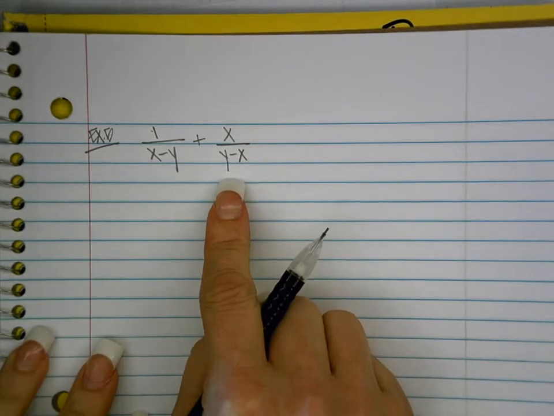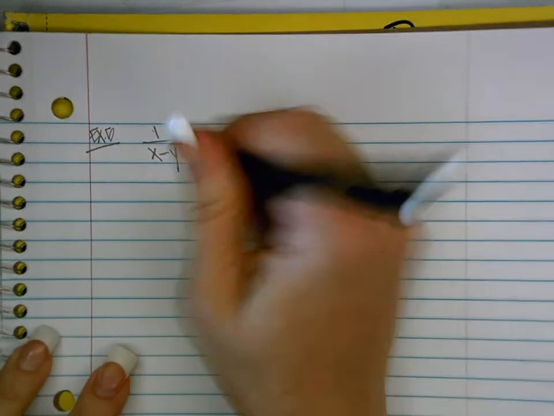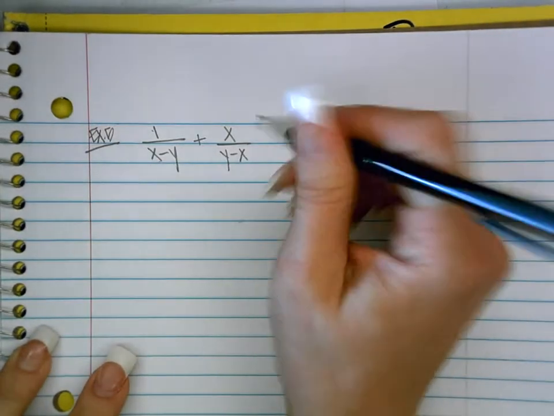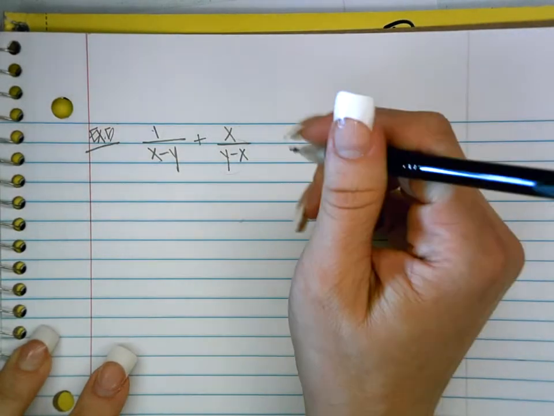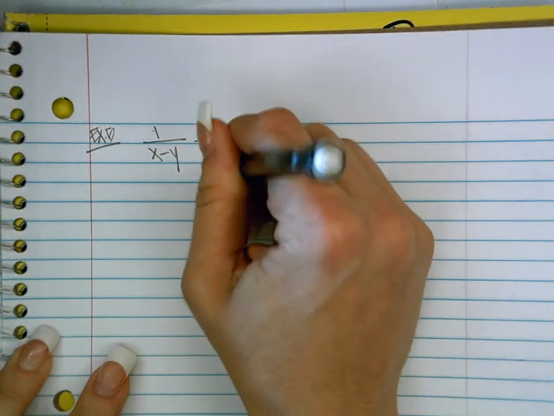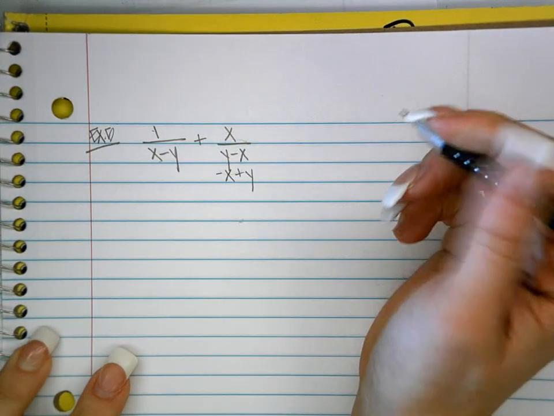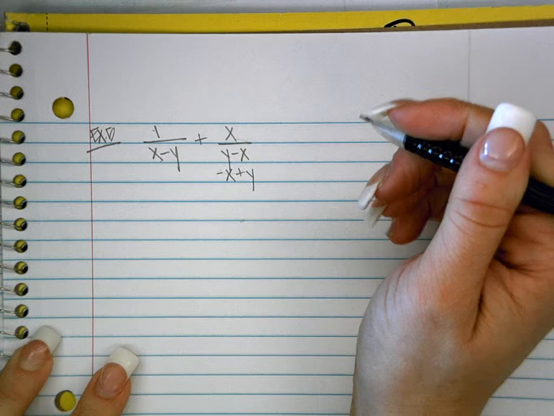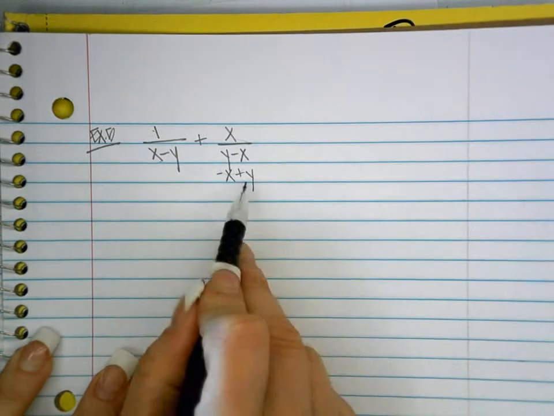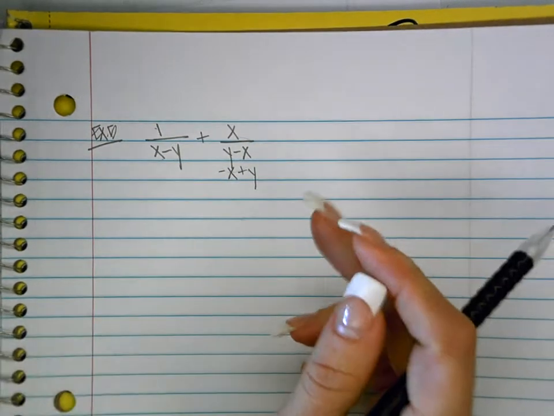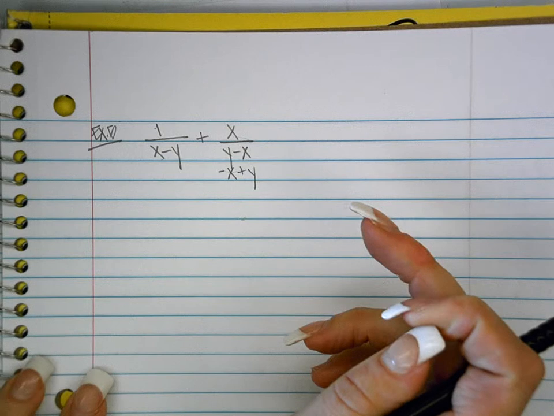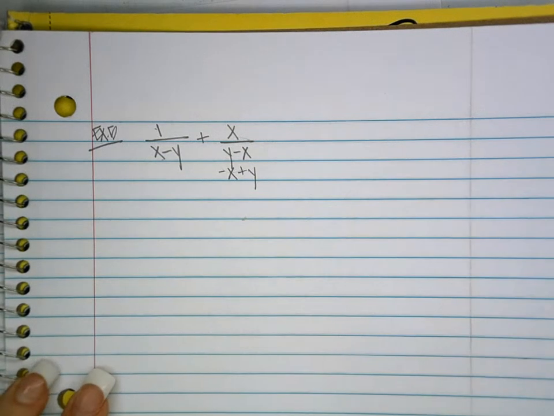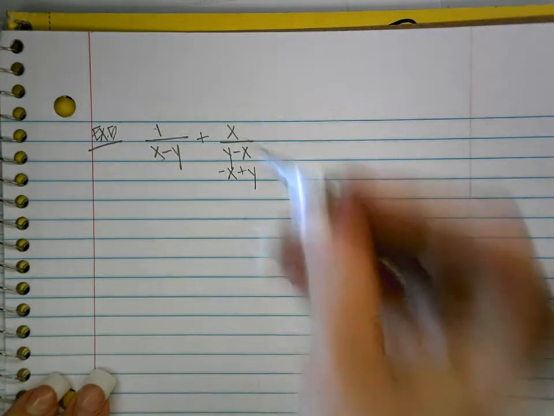Okay, if I wanted to change this to be just like the first one, how could I flip this to be exactly opposite? This is negative x plus y. These are opposites of one another. So how do I change something? Okay, you could multiply by a negative 1, or think of it as taking out a negative 1.